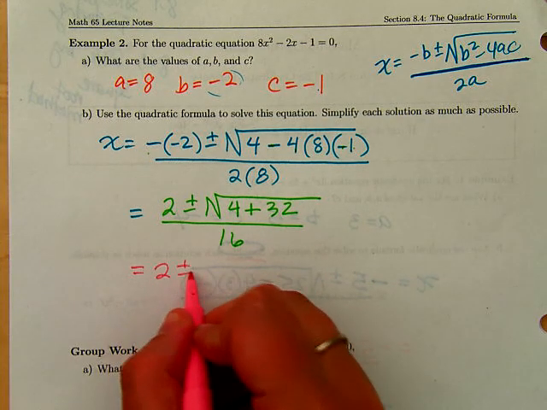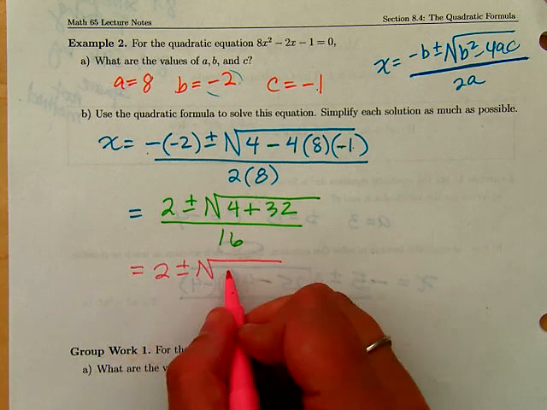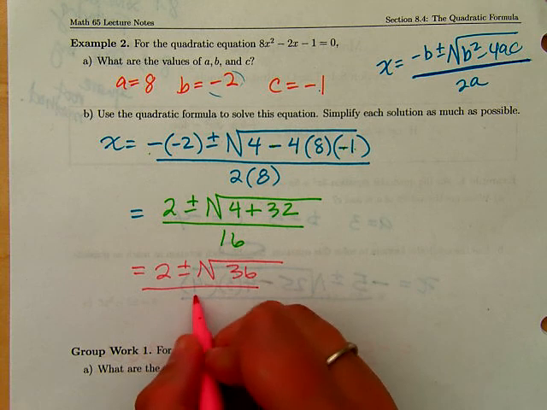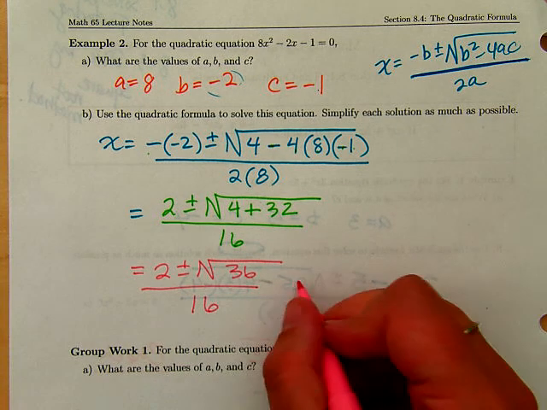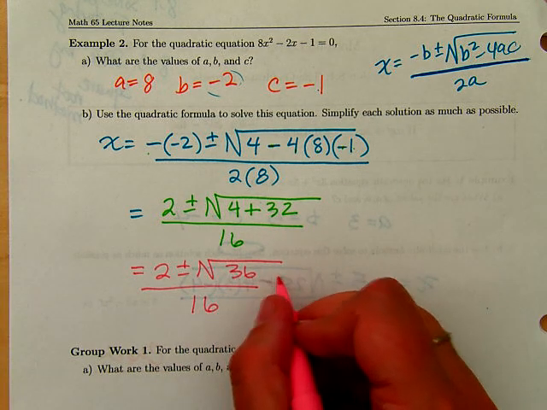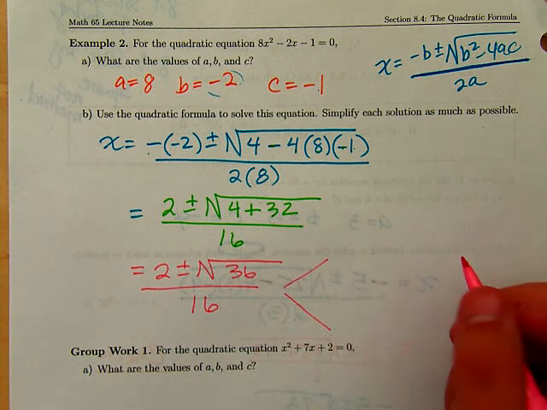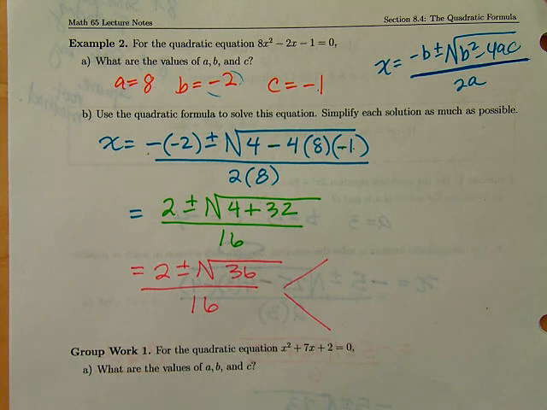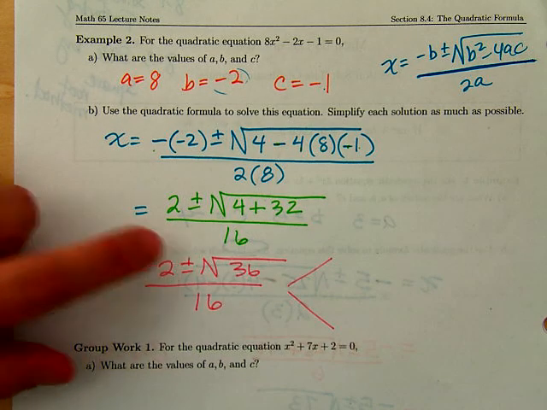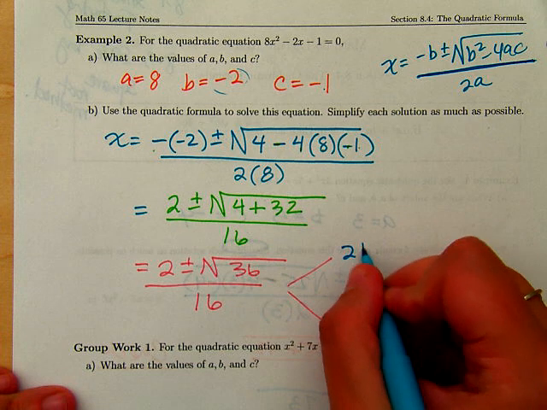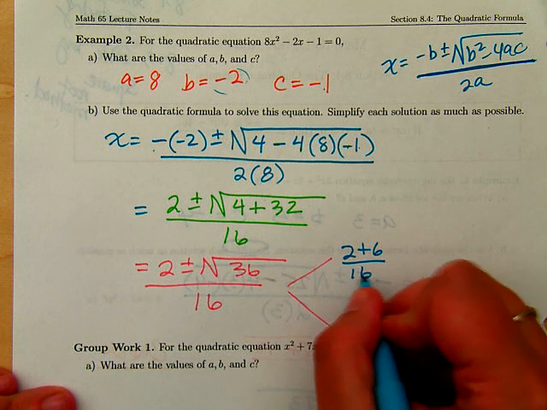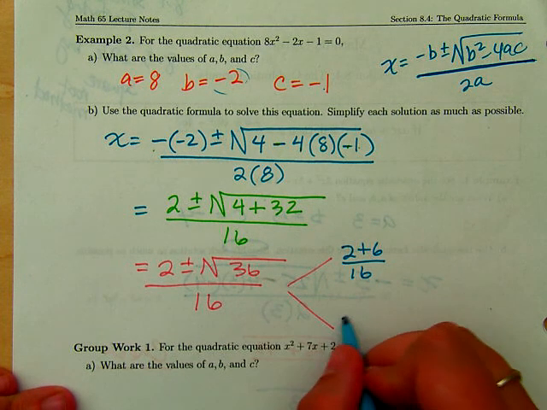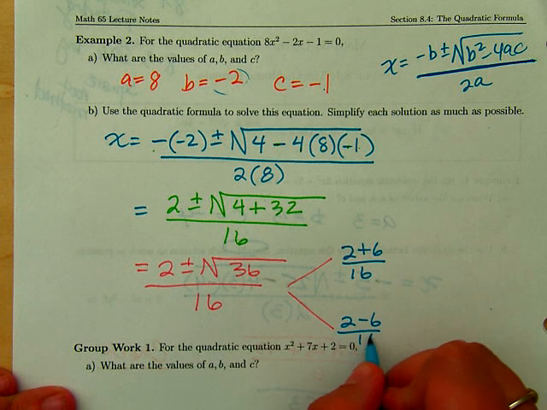Simplifying. 2 plus or minus the square root of 36 over 16. And when we take the square root of 36, we get what? 6. And that plus or minus is already in there. So we have 2 plus 6 divided by 16, and we have 2 minus 6 divided by 16.